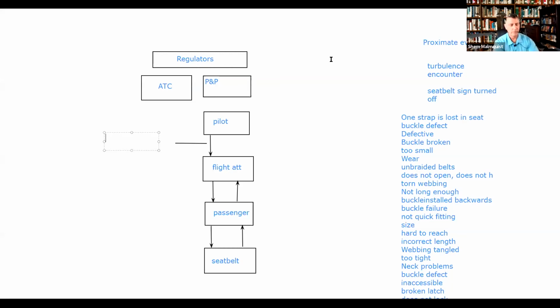So obviously we have, their big one would be announcements. And as an aside, while looking at this, the pilots will make announcements to the flight attendants.